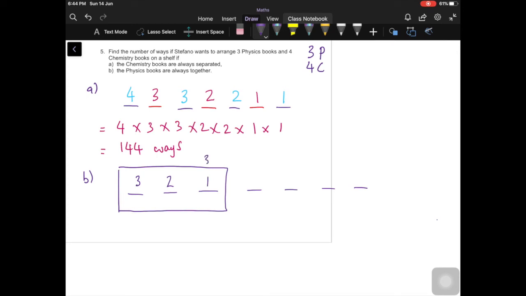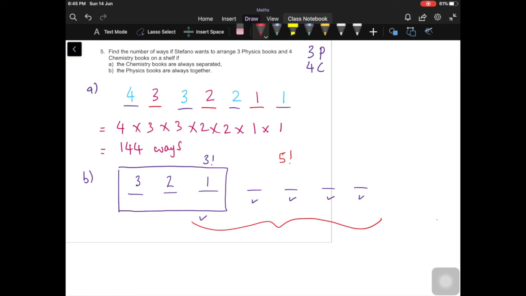So this is actually 3 factorial. For the other part, we are left with 4 places for chemistry books, and we consider the tied up books as another 1 place. So what is left is 5 factorial.